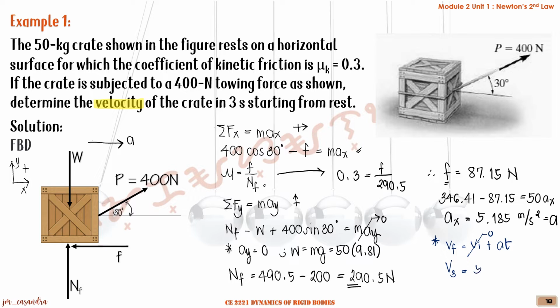So we have 5.185 meters per second squared times 3 seconds, or V3 is now equal to 15.56 meters per second. So this is our final answer.